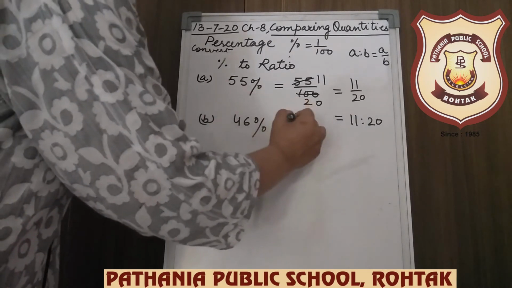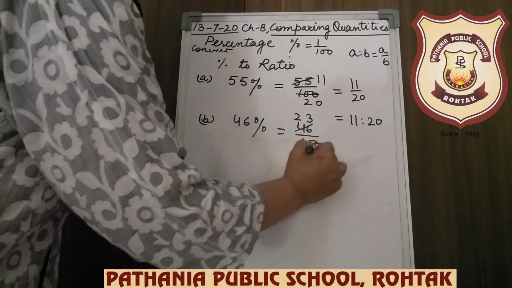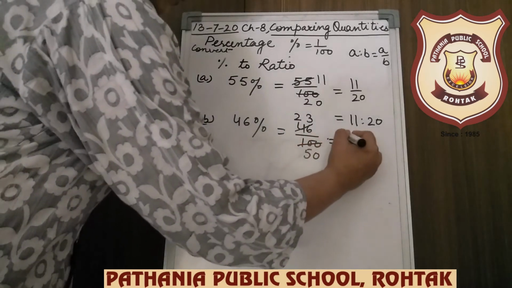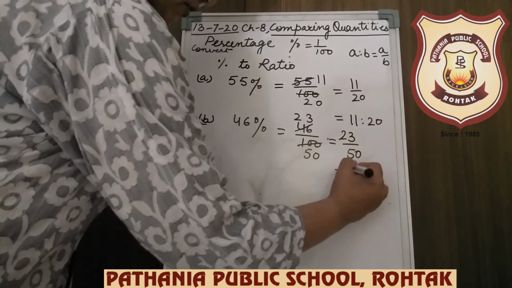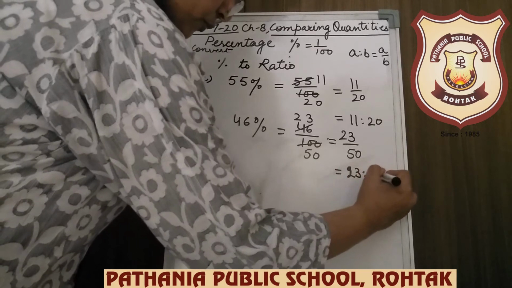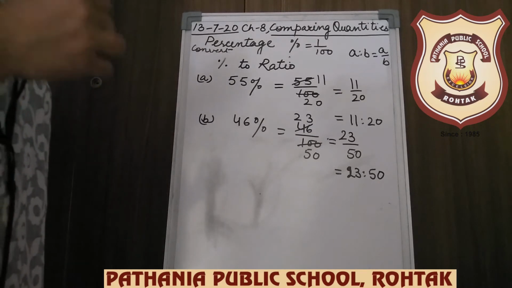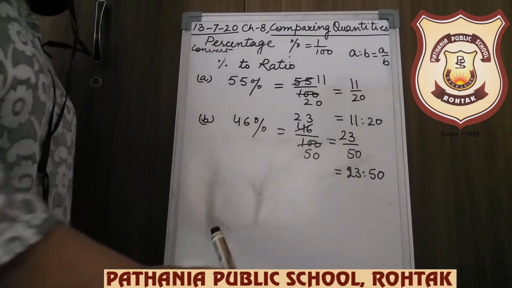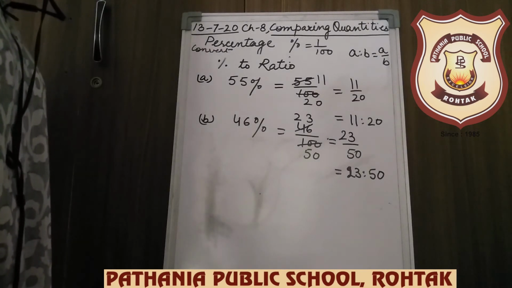Reduce it by 2 twos and 2 threes, 2 fives and 0, and this becomes 23 upon 50, and this is your 23 is to 50. In this manner, you are going to convert your percentage to ratio and percentage to decimal.